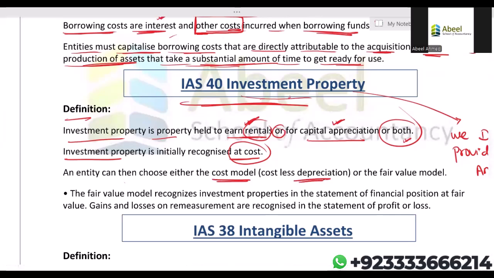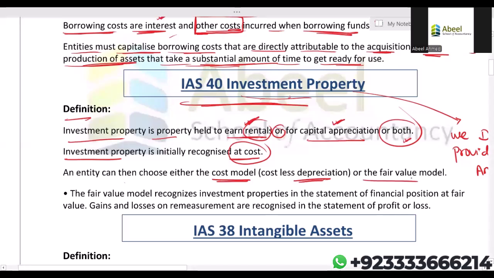If somebody asks you a question that do we depreciate investment properties, the answer is yes, we do depreciate investment properties if we follow the cost model. We do depreciate investment properties if we follow which model? Cost model.